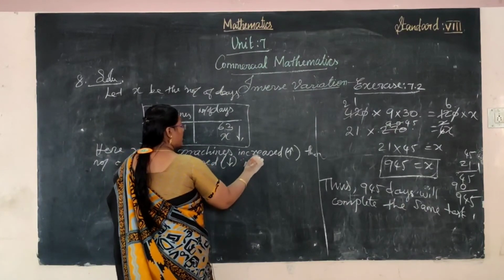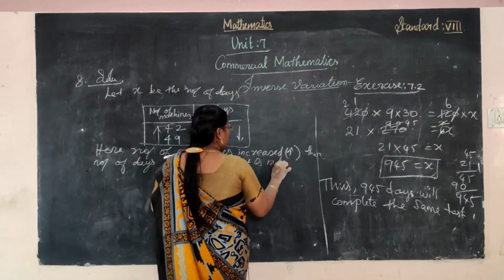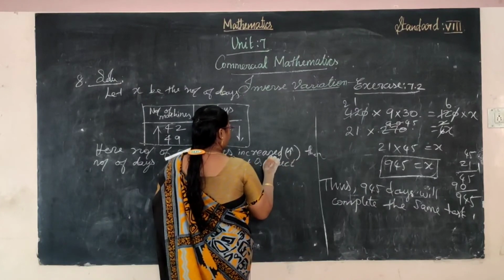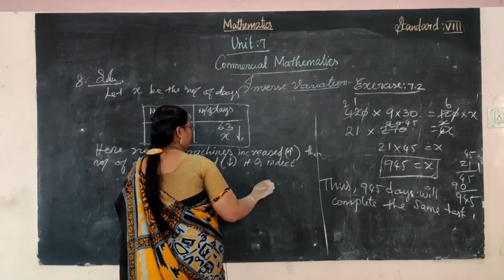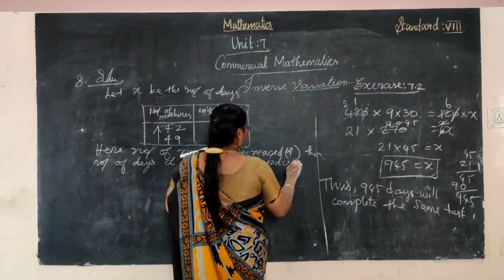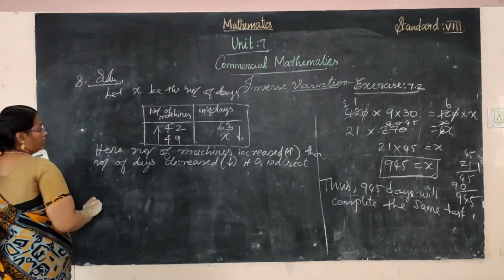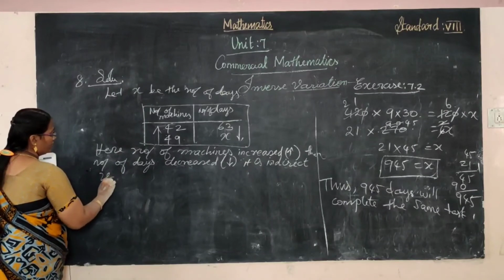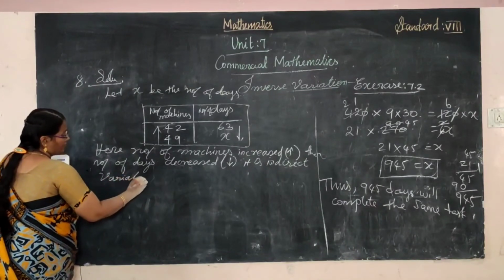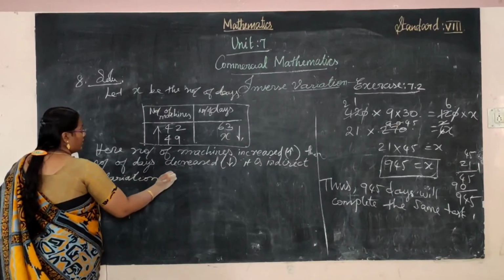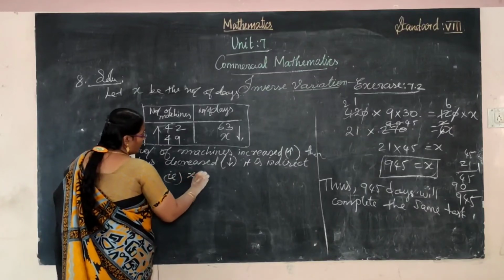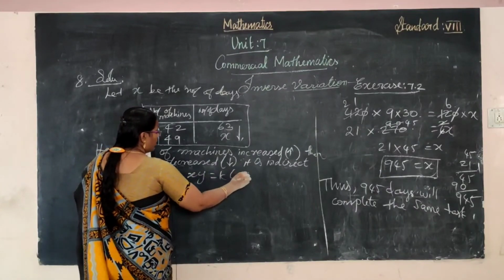It is inverse variation. That is, xy is equal to k, constant.